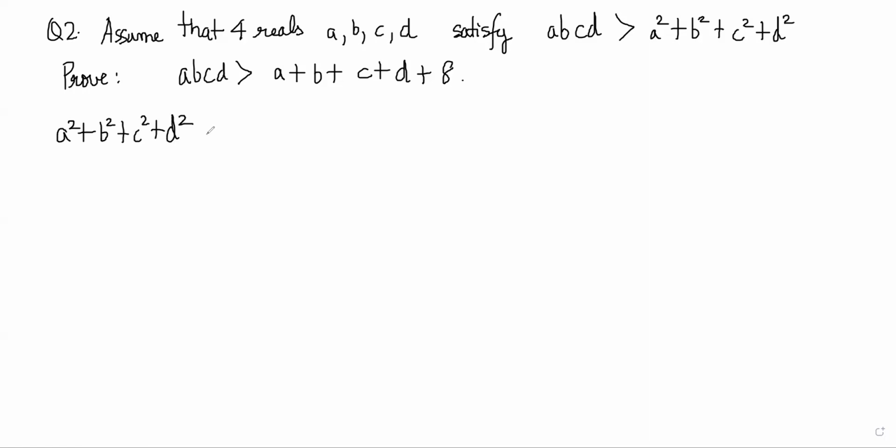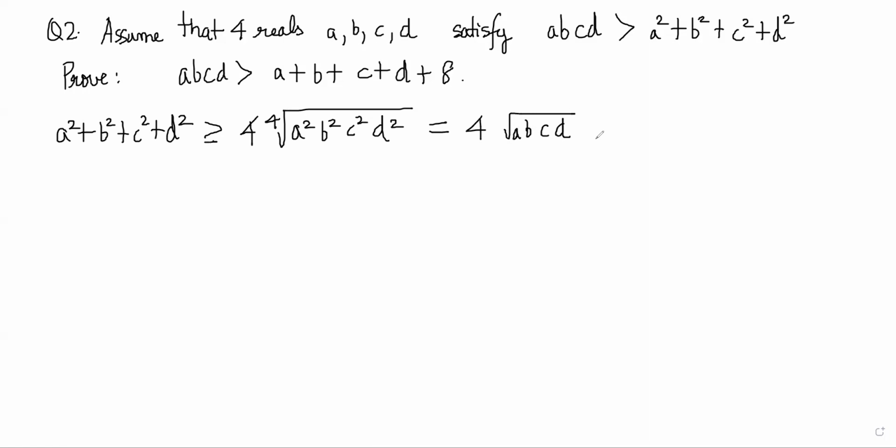So it is greater than or equal to 4 times the fourth root of A square, B square, C square, D square, which is equal to 4 times root of ABCD. So what we get from this is that A square plus B square plus C square plus D square is greater than or equal to 4 times root of ABCD.